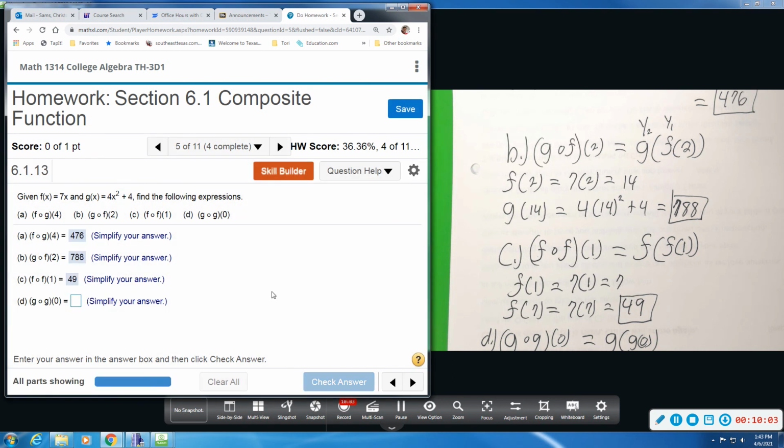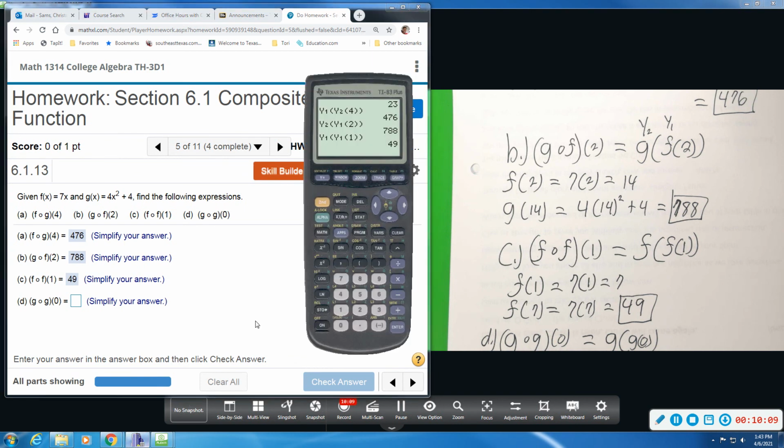And then the last one we did y2 with itself of 0. So going through this process one last time, we're going to go to vars, yvars, function, enter, and then, because we want the second equation, open parentheses, do it again, get the second equation, and then inside of there we're going to plug in a 0 and close twice, and we get 68.